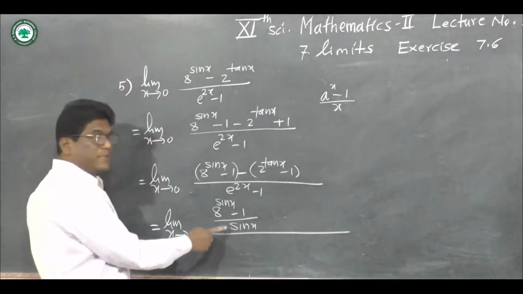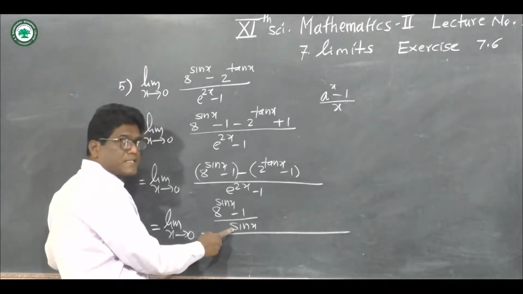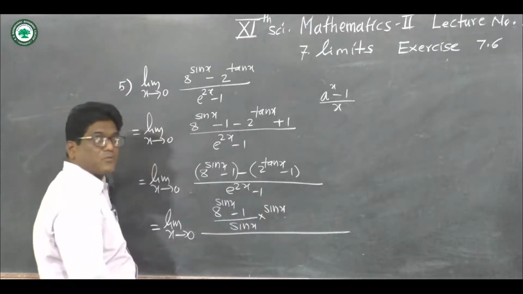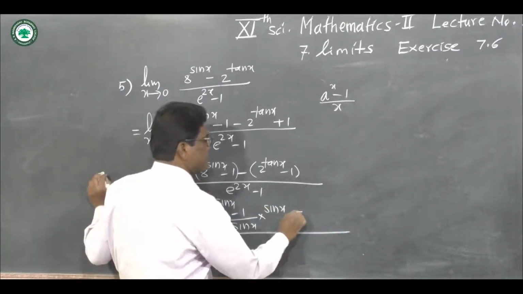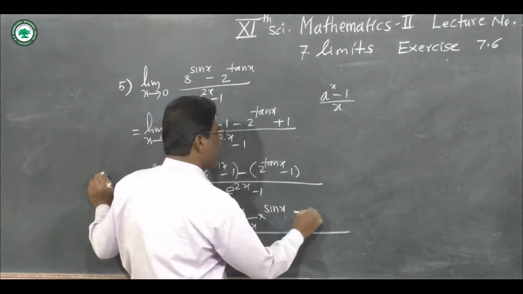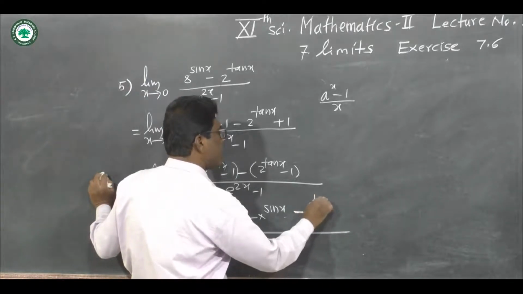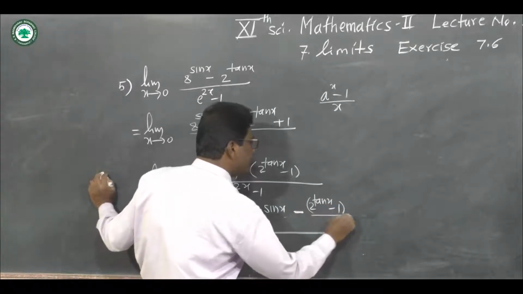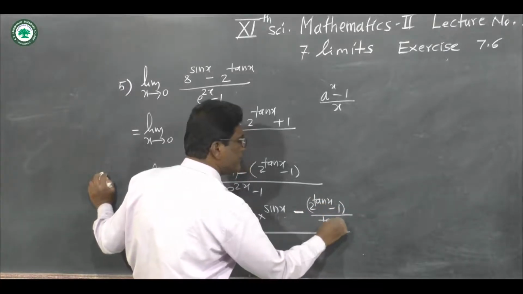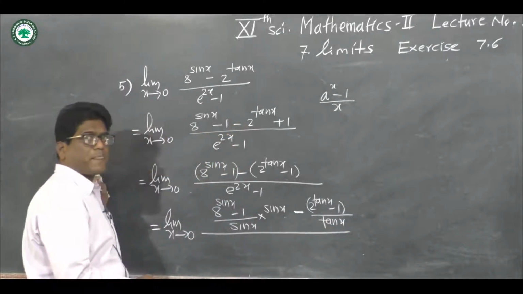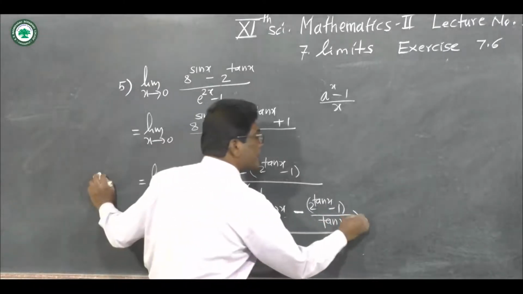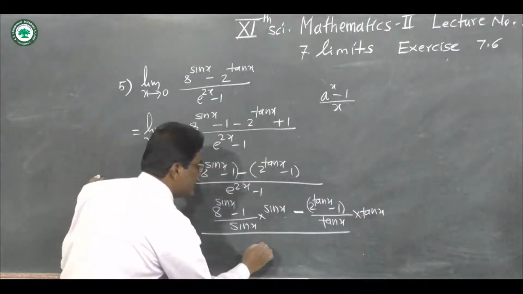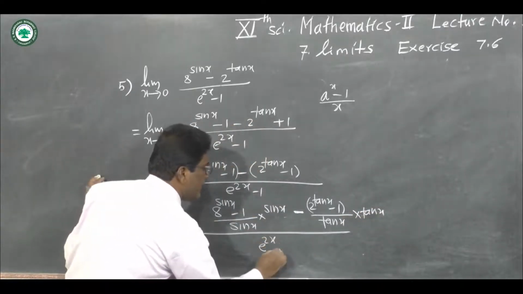Okay, we divide by sin x, so we have to cancel this sin x: into sin x, minus (2 to the power tan x minus 1) divided by tan x, into tan x, we cancel this tan x. Now here in the denominator e to the power 2x minus 1.